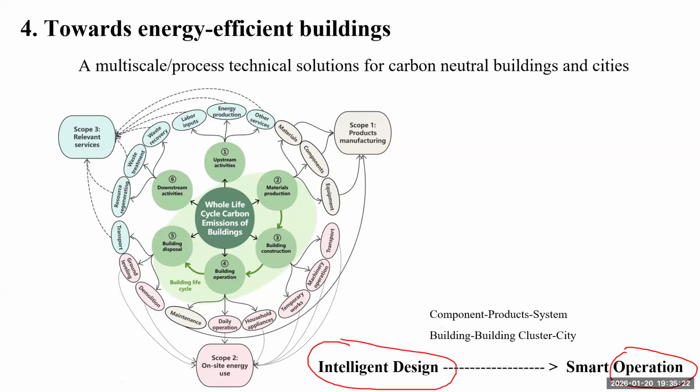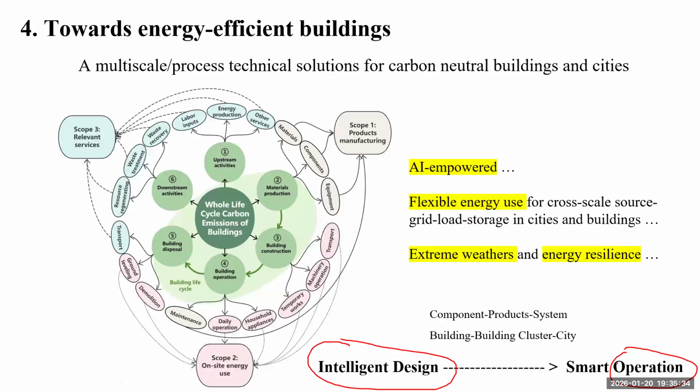We have to consider our single buildings, and also building clusters, to achieve low energy cities. And with the advancement of different technologies, we also consider whether some systems can be empowered by AI.